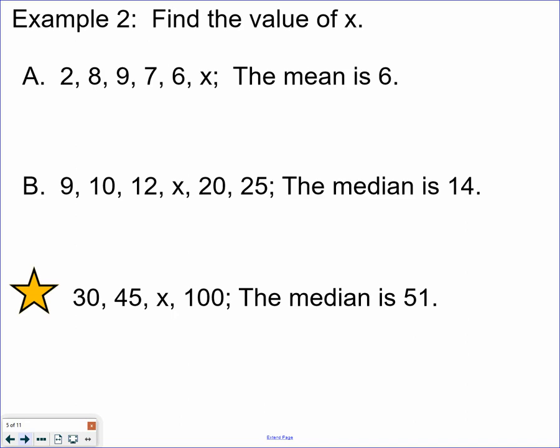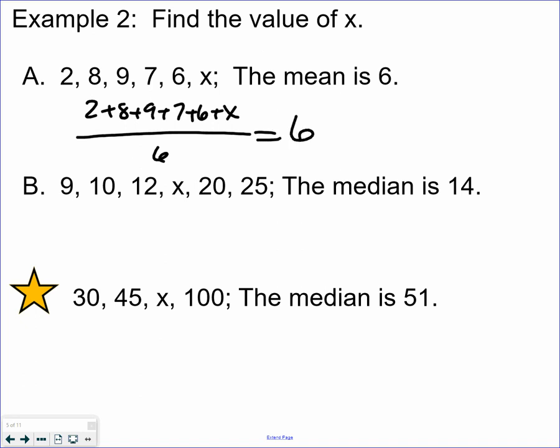So now, find the value of x. If the mean is 6, so 2 plus 8 plus 9 plus 7 plus 6 plus x divided by 6 equals 6. So again, adding up all the numbers and dividing by how many there are is how you find average, or how you find mean.